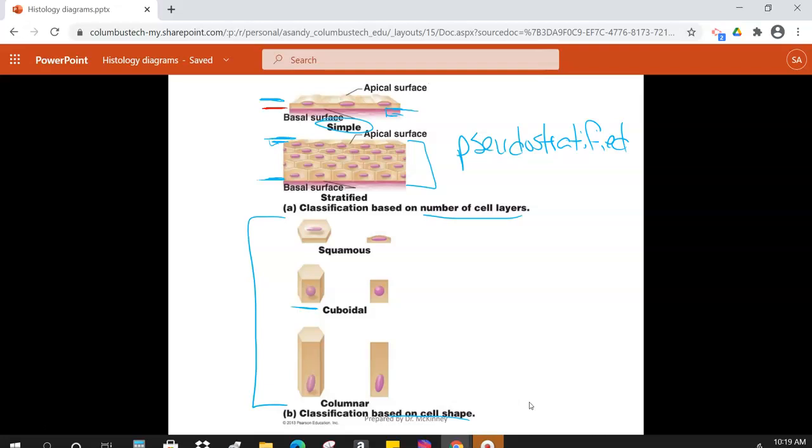For example, you will have pseudostratified columnar epithelium, or simple cuboidal, or stratified squamous, or simple squamous. So it will use both of those names. The only difference is with transitional epithelium. Transitional epithelium is an example of stratified epithelium, but the cells are unique in nature because they can change shapes. And we'll talk about that when we look at an image of it.